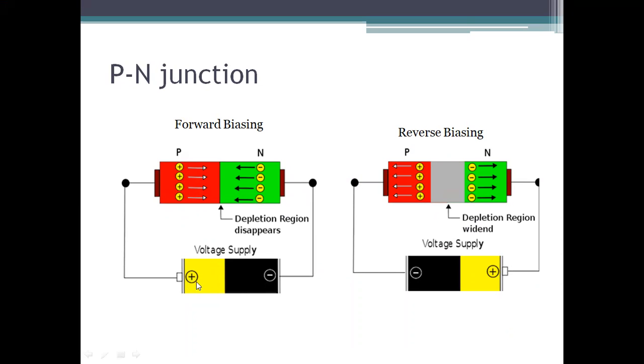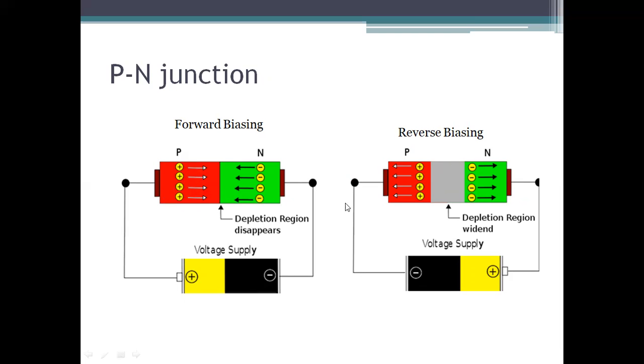If you give a forward bias, the holes and the electrons will move like this. When holes and electrons move together, they create a region. What is the region name? Depletion region. Once the depletion layer forms between the P and N junction, current conduction will flow through this transistor.